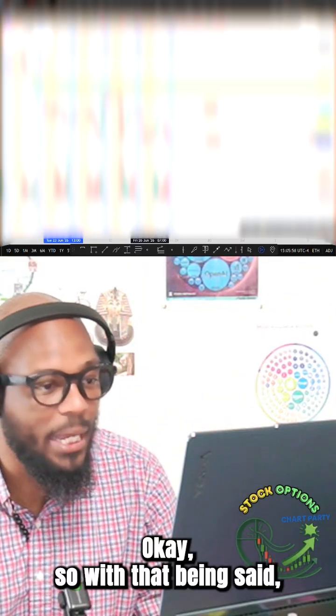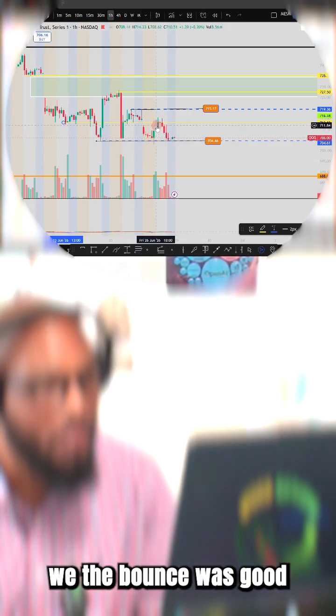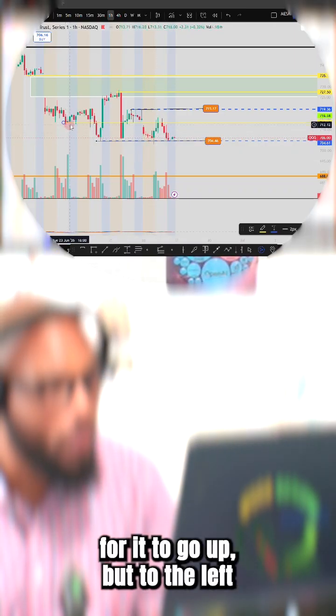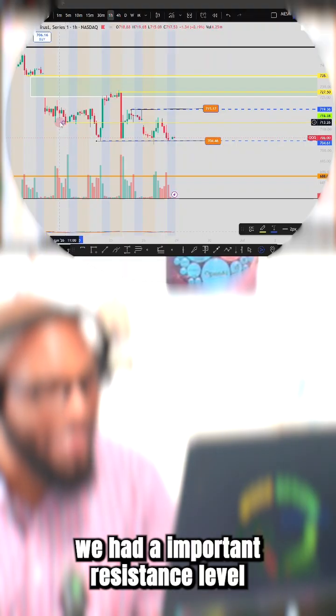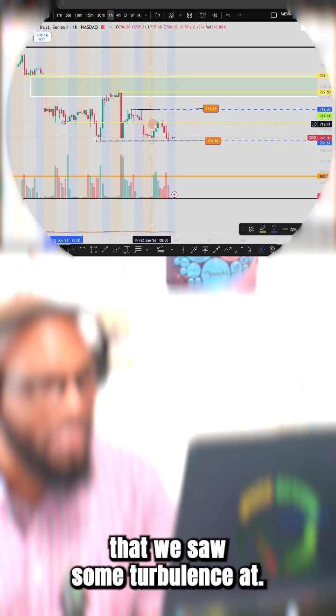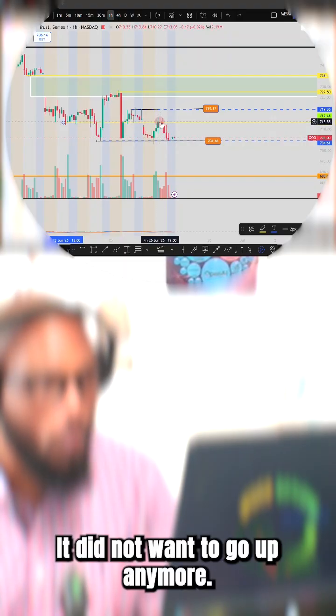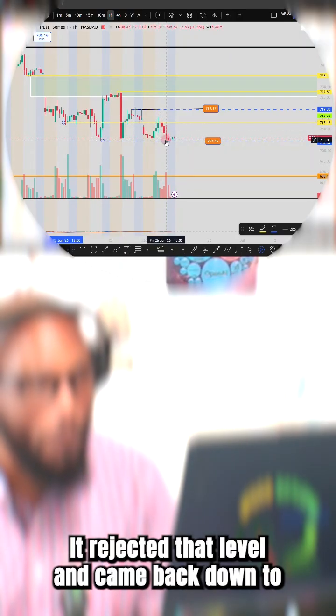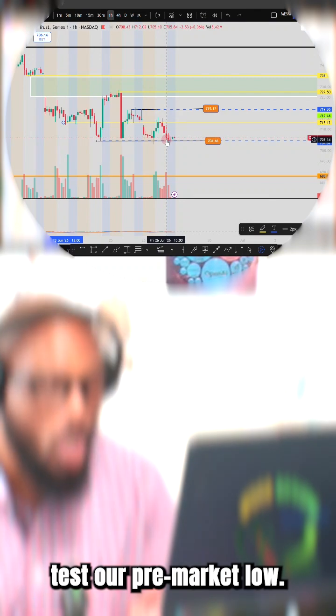So with that being said, the bounce was good for it to go up, but to the left, we had an important resistance level that we saw some turbulence at. It did not want to go up anymore. It rejected that level and came back down to test our pre-market low.